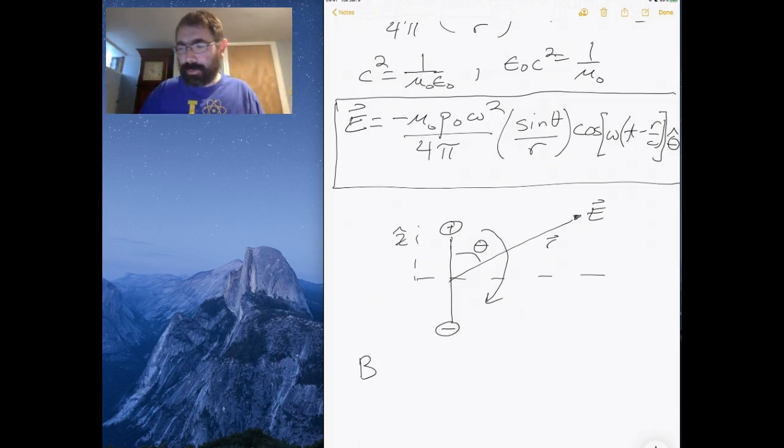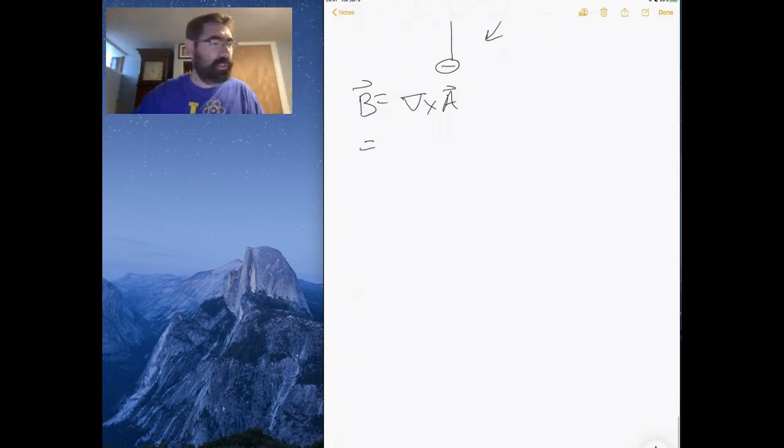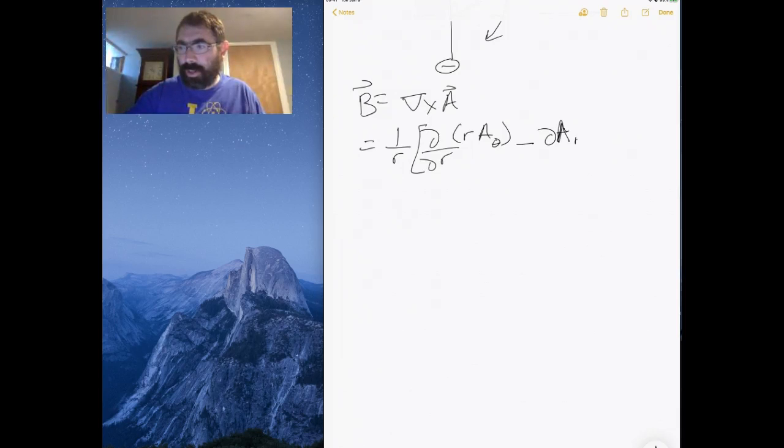So the magnetic field, B, is going to be the curl of the vector potential. And so I can write that out now in spherical coordinates: 1 over r, d dr of r A theta minus dA r d theta, and all of that in the phi direction.